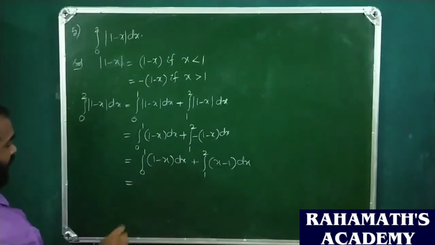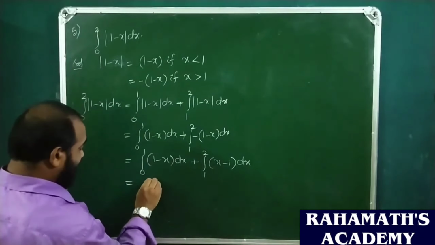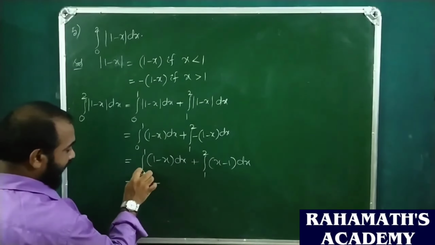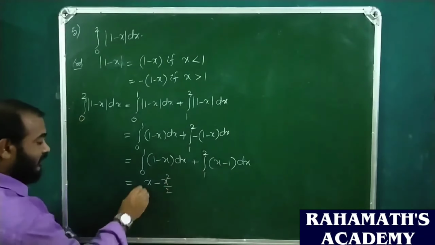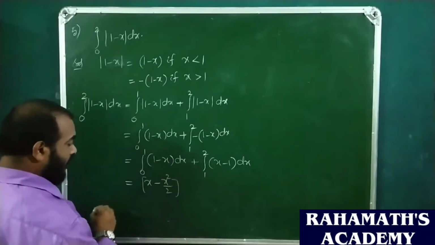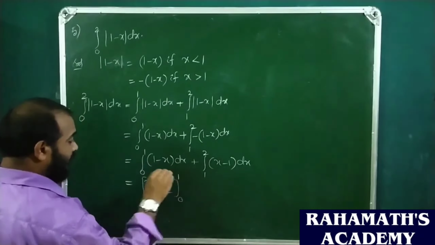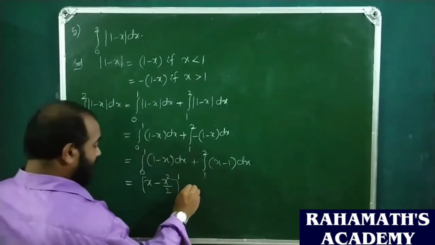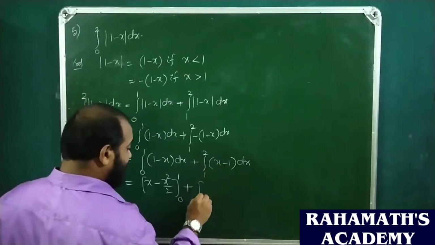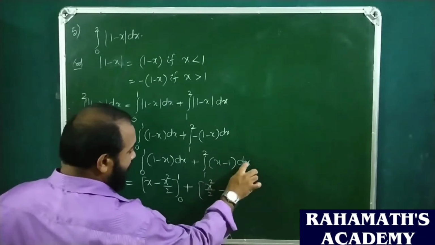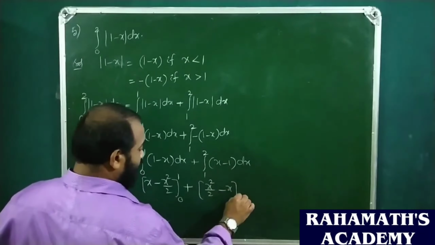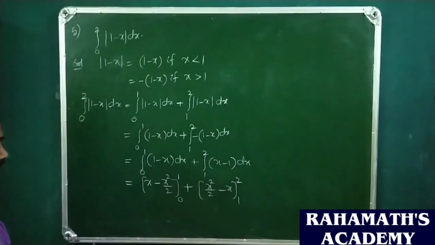Now the integral of 1 dx is x, minus the integral of x dx, which is x square by 2. Since the process of integration is over, we need to apply the limits here. Plus the integral of x dx is x square by 2 minus the integral of 1 dx, which is x. So the limits 1 to 2 are to be written here.